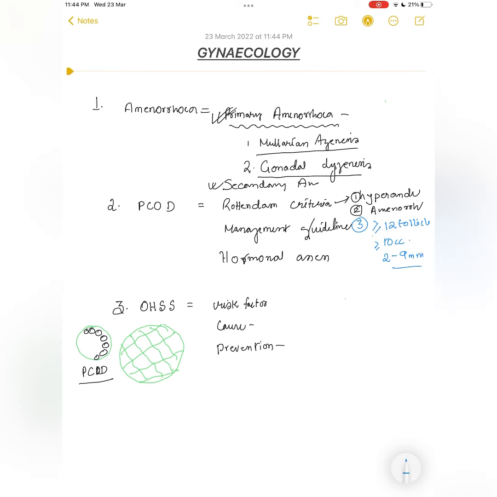But you have to remember, in the Rotterdam criteria there should be a minimum of 2 out of these 3. So even if the USG criteria is absent, it is still included in PCOD.